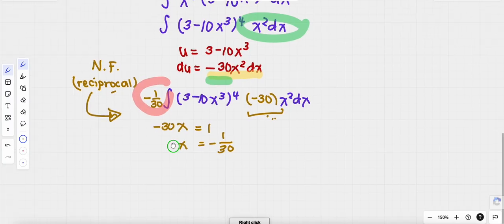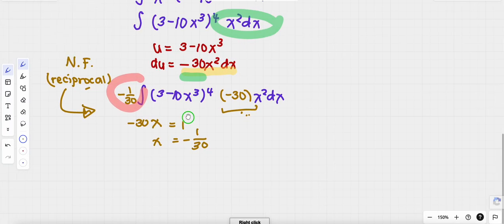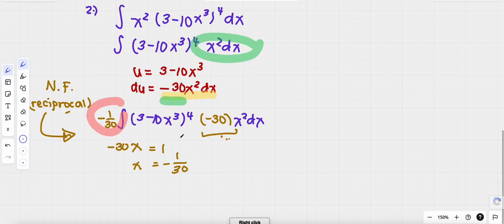Alright, so proceed. Our integral will now be like this. Let's rewrite. We have the integral of, so we now have negative 1 over 30 times, since we already determined what is u and what is du, let's check.